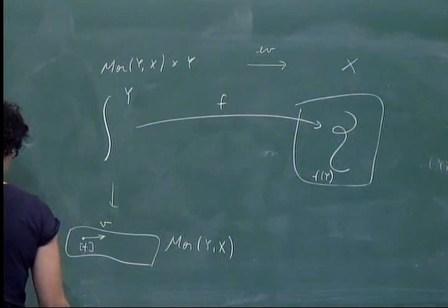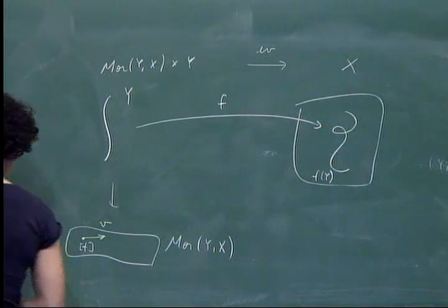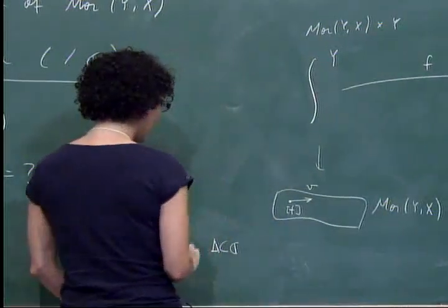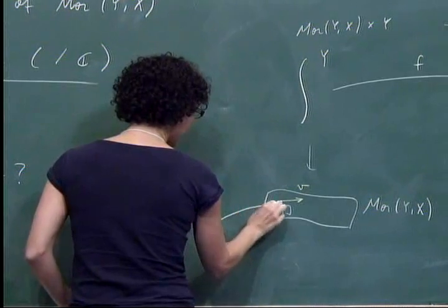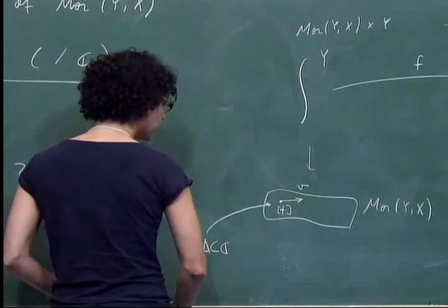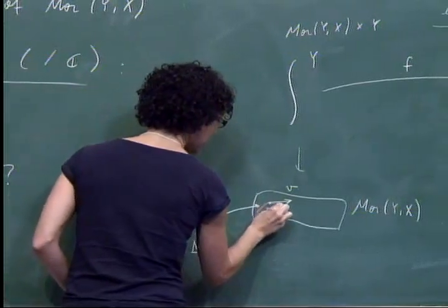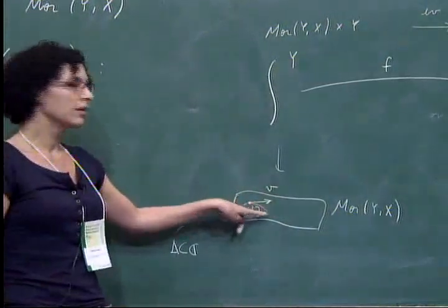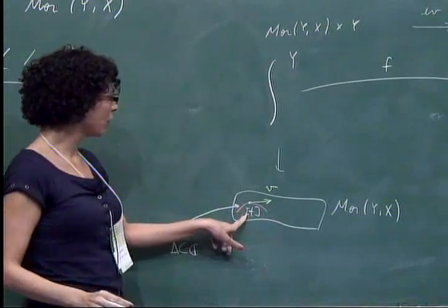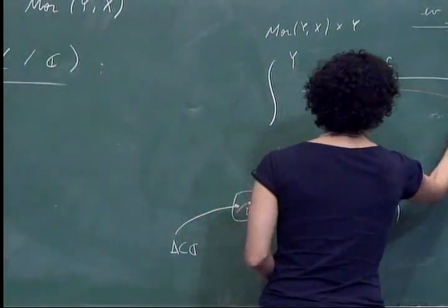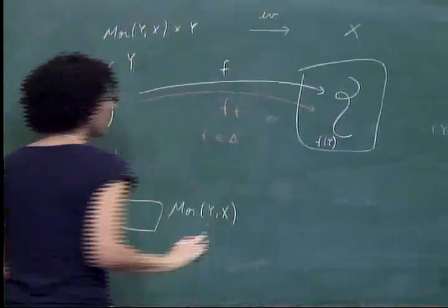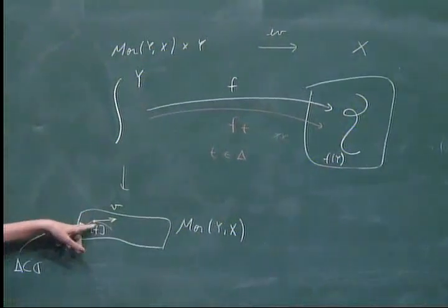You can take the unit disk in C, and you define a map to this space of morphisms, so you have a little arc through F. What does an arc here mean? It means that we have a certain family of morphisms F_t, for t in this unit disk, that varies with t.